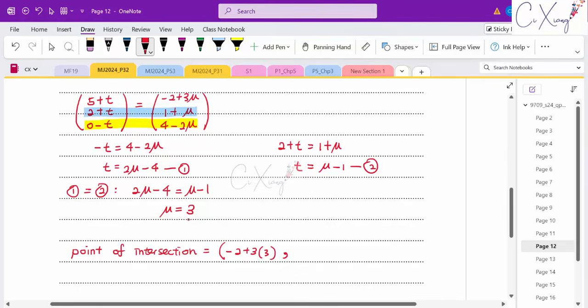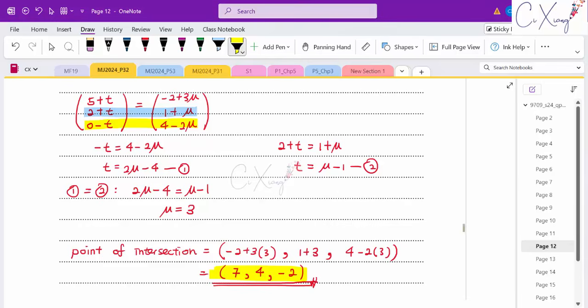Then 1 plus mu is 1 plus 3, the y coordinate. Then 4 minus 2 mu is 4 minus 2 times 3. Simplifying, the coordinates of the intersection point are (7, 4, -2). So this is how we solve part B.